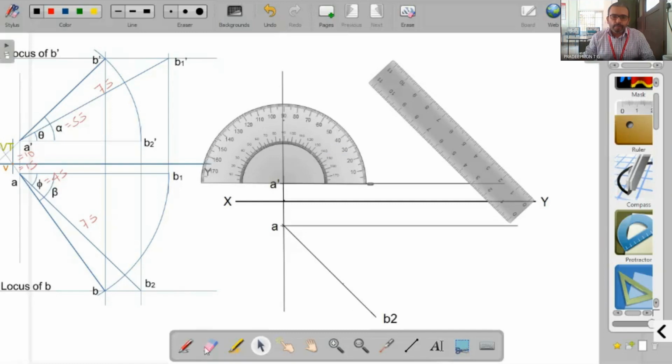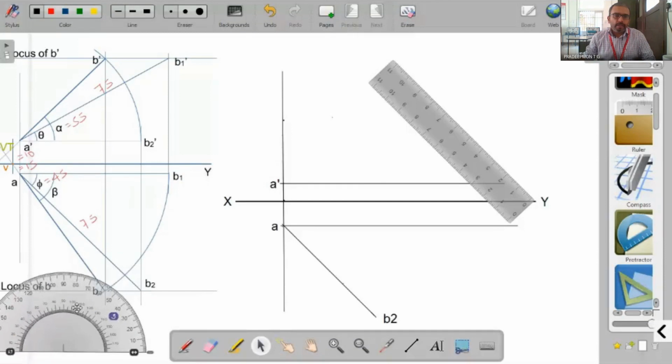So from here, the 55-degree line. This line will be representing our front view.